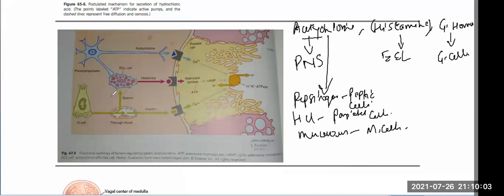Now your acetylcholine will excite secretion of pepsinogen, hydrochloric acid, and mucus by the respective cells, and histamine will stimulate parietal cells to secrete hydrochloric acid. Your ECL cells are stimulated by your gastrin hormone.